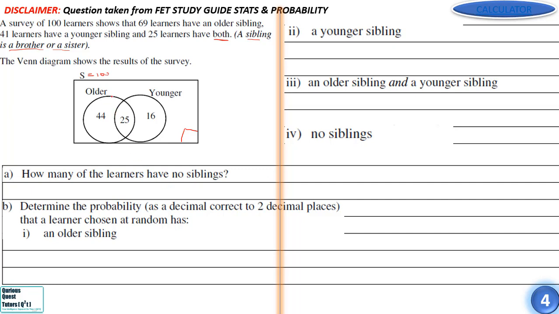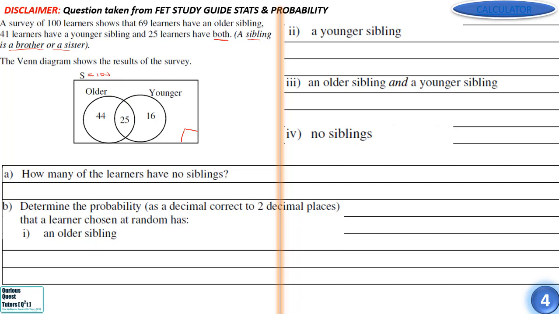But let's think about this. These people here have older brothers or sisters only, and these people here have both the younger and the older, and these people have the younger brothers only. So these ones have one form of a sibling, whether it's younger or older. They do have siblings.